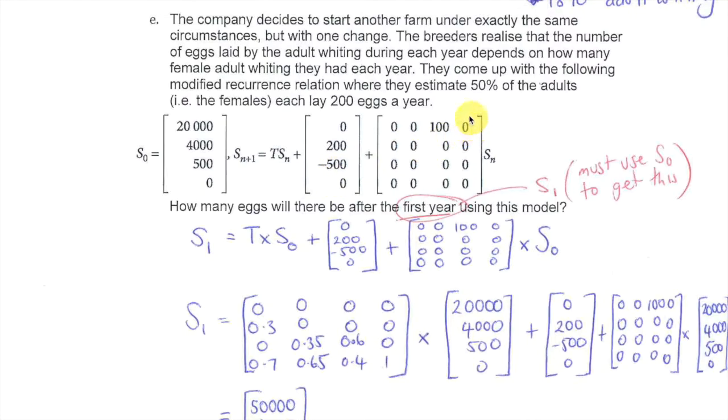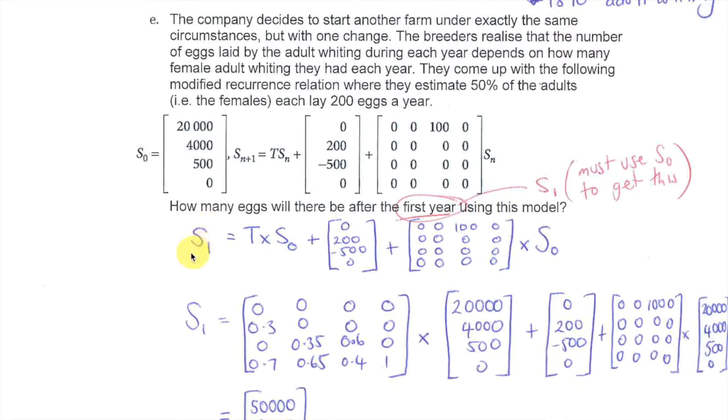Plus, we've got this particular 4x4 matrix multiplied by the status immediately before the one that we're after. Also, what's given to us is the initial status S0, where we've got 20,000 eggs, 4,000 babies, 500 adults, and 0 dead. We need to work out how many eggs there will be after 1 year.